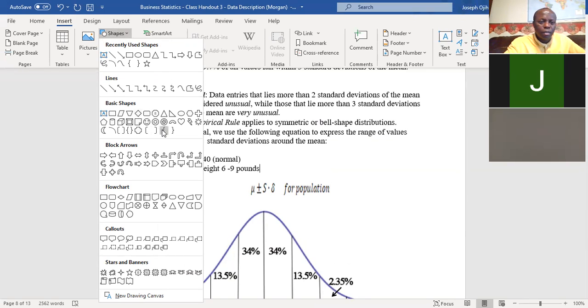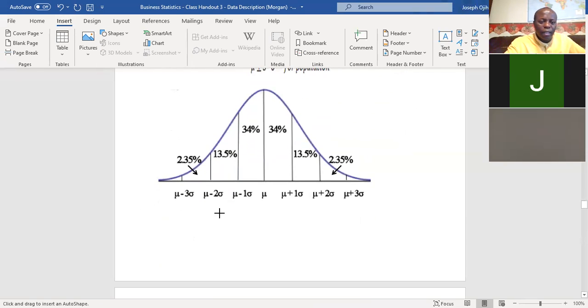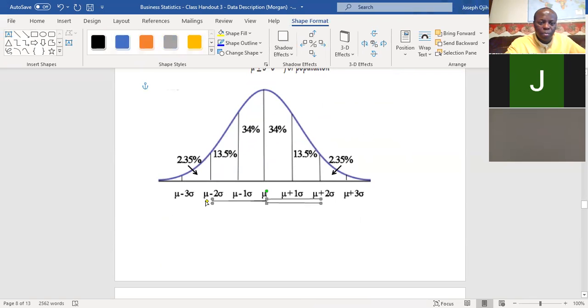I hope this will allow me to turn it around. Let me see. Let me try this one. Data values that are between here and here. Excuse me. If it doesn't allow me, I'll use something different.